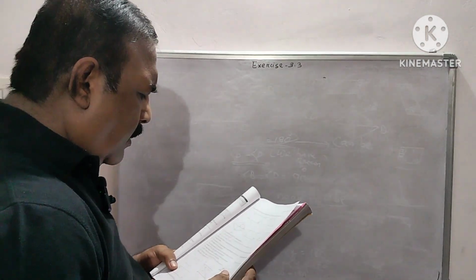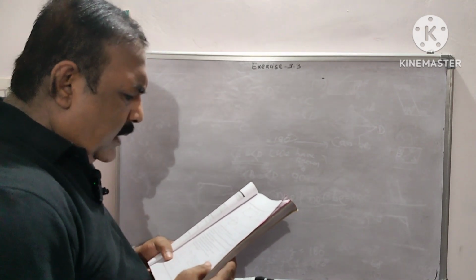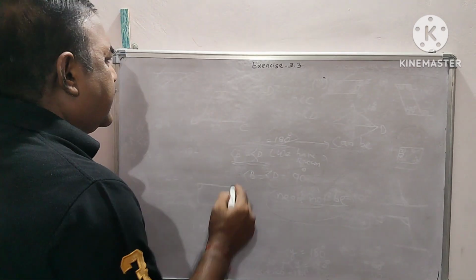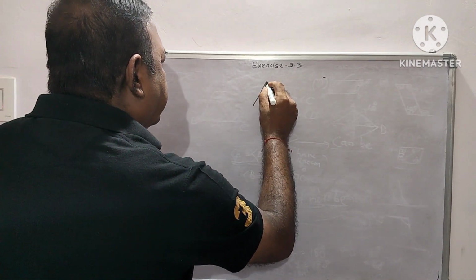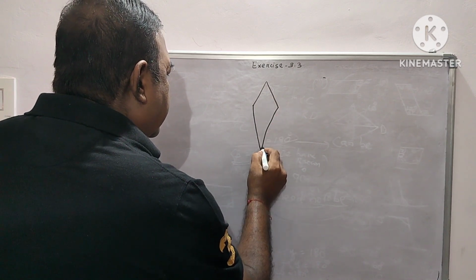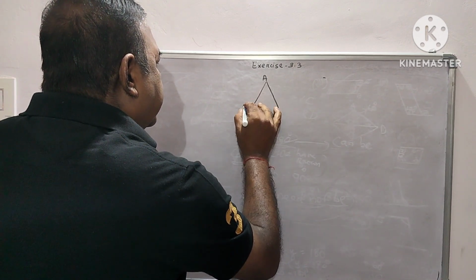Draw a rough figure of a quadrilateral that is not a parallelogram but has exactly two opposite angles of equal measure. Yes, that is the case of a kite. You see here, this is a kite.